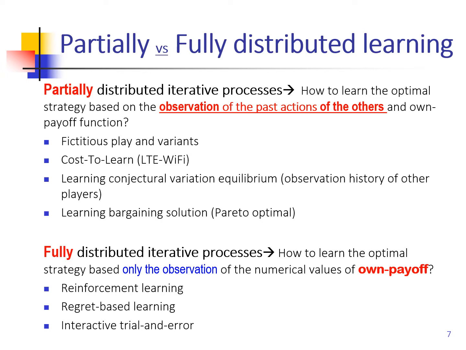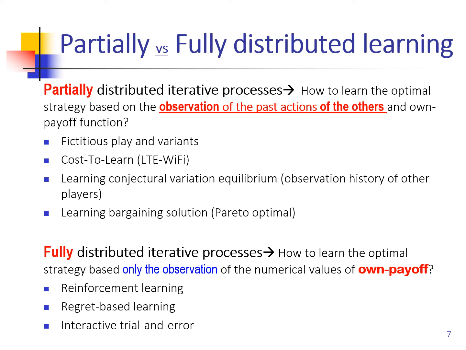Which comes down again to the notion of information. What type of information the agent has, right? This will basically put it either in the first category of partially distributed learning or in the second one where we actually know nothing about other agents. Okay, so under this category you have reinforcement learning, which is the branch we are interested in.